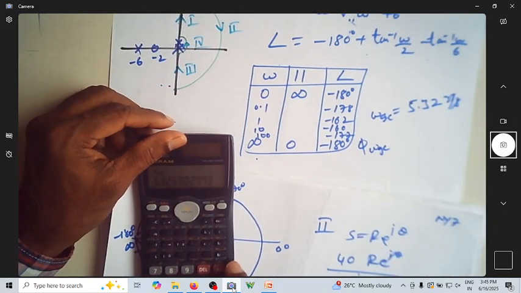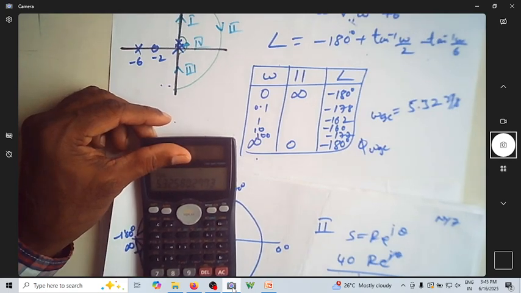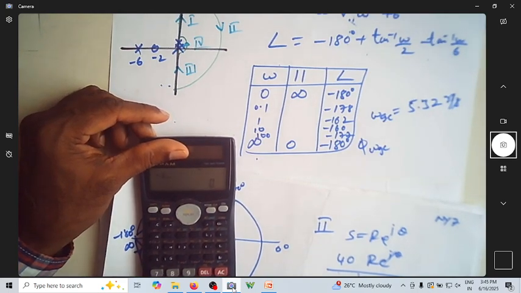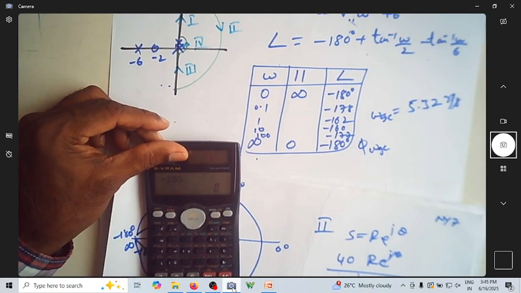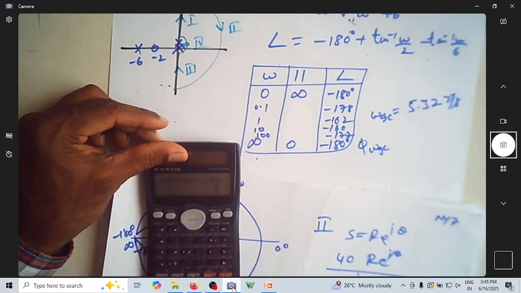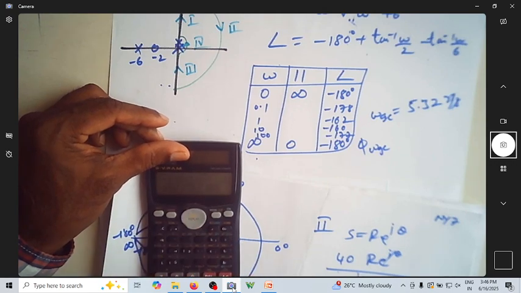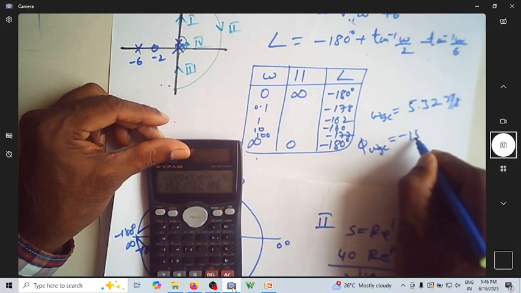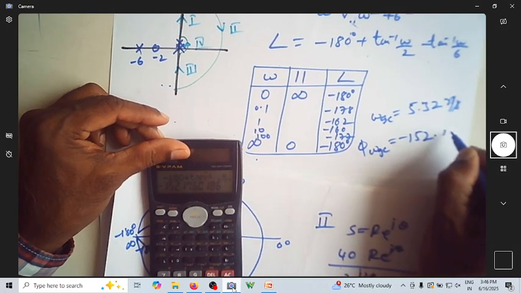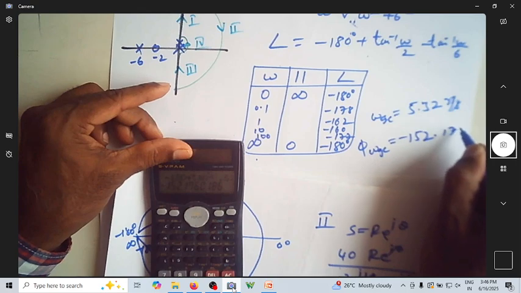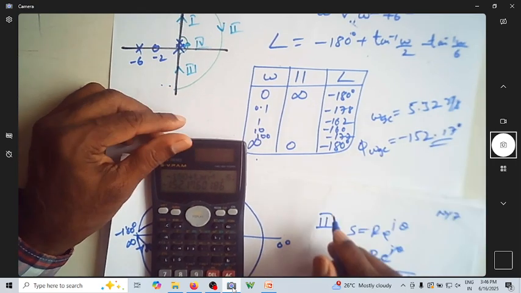Phi at omega gc is minus 180 degree plus tan inverse of 0.5 alpha a minus tan inverse of alpha a divided by 6. Calculating at 5.32, it's actually minus 152.17 degrees.